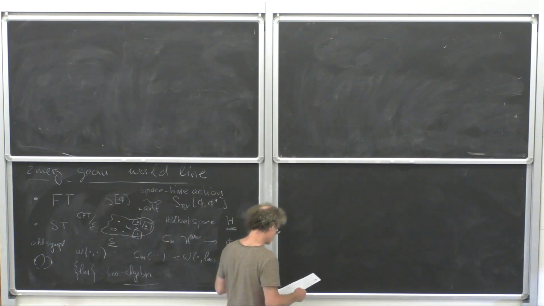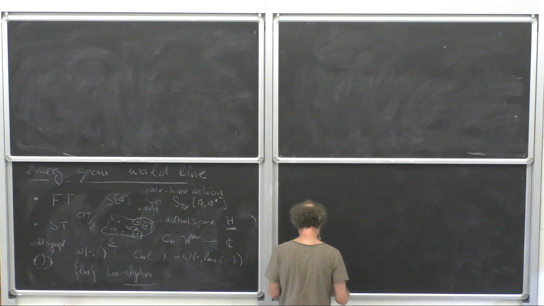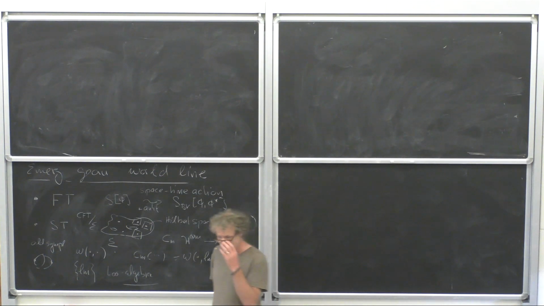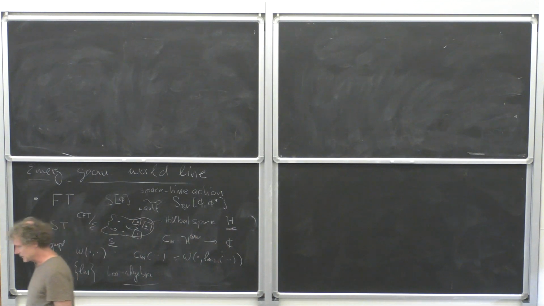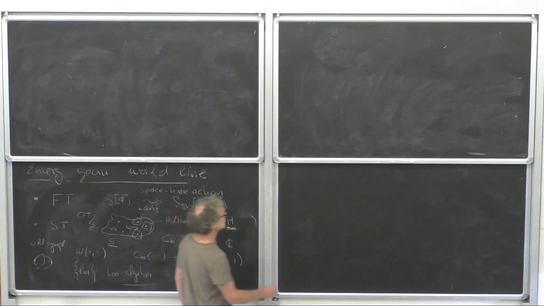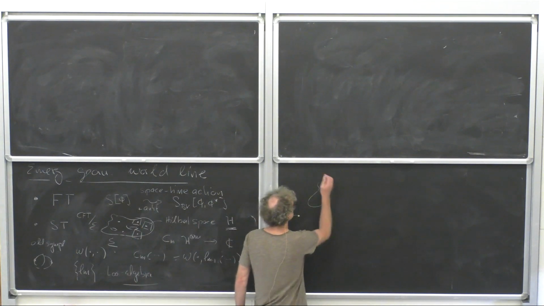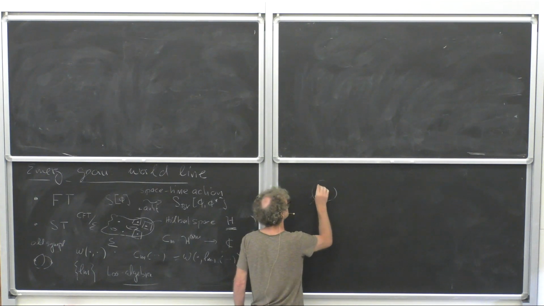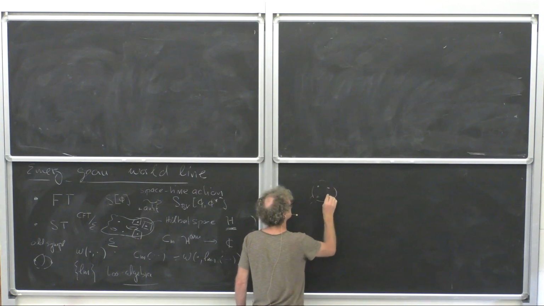So then we define a string field. You integrate already over some moduli. So let me take the simplest example: a sphere with four punctures.